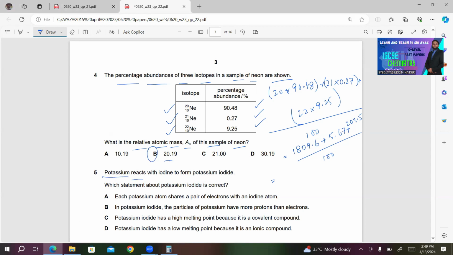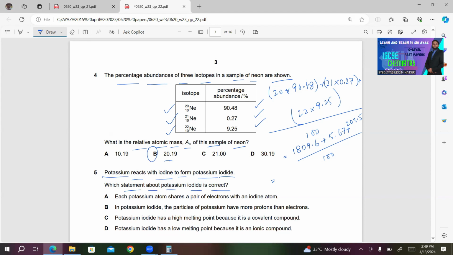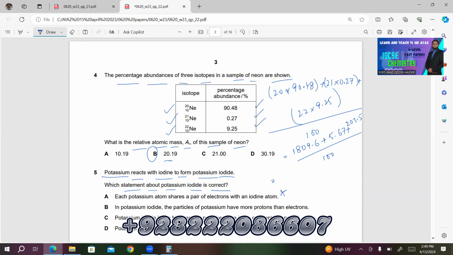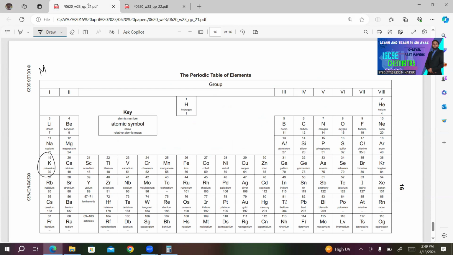5. Potassium reacts with iodine to form potassium iodide. Which statement about potassium iodide is correct? A. Each potassium atom shares a pair of electrons with an iodine atom. Let's look at the position of potassium and iodine. Here's potassium, it's in group 1, it's a metal. This is iodine.